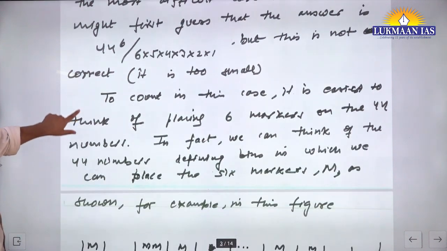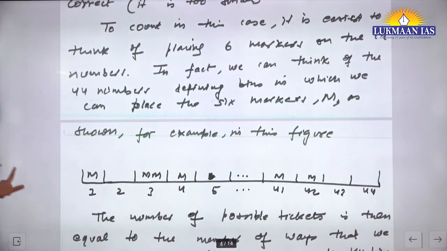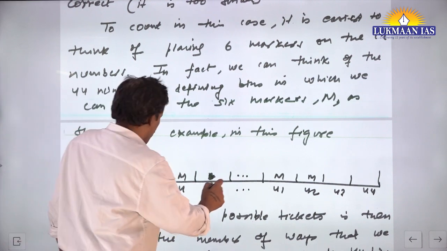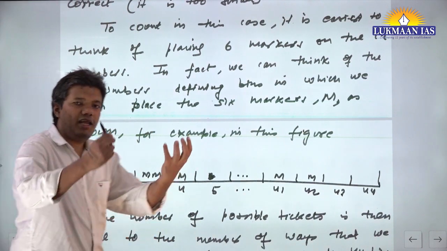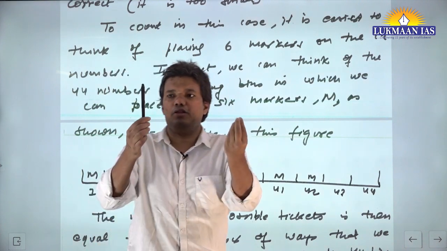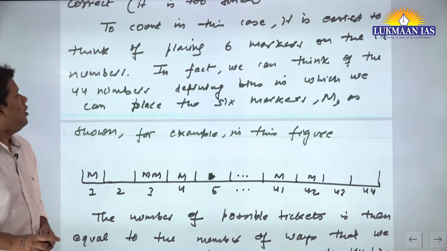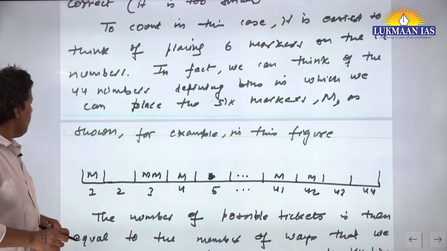And how will you solve it? You have to imagine, let's say there are 44 numbers, right? And imagine you have 6 markers, and you have to place those 6 markers on those 44 numbers.